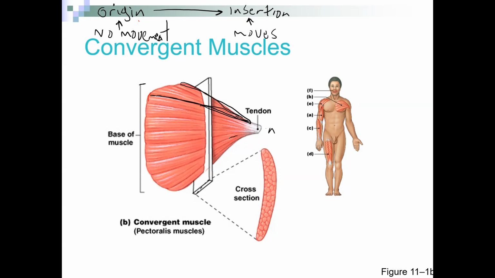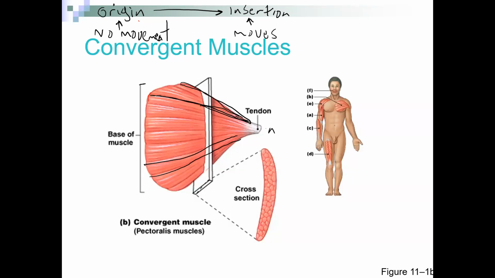And I also said last time that the angle of the fascicles is determined by this. You have the fascicle starting out as a broad base on multiple bones potentially, and all coming down to attach to a single tendon, which leaves you with this sort of seashell shape or fan shape if you prefer.